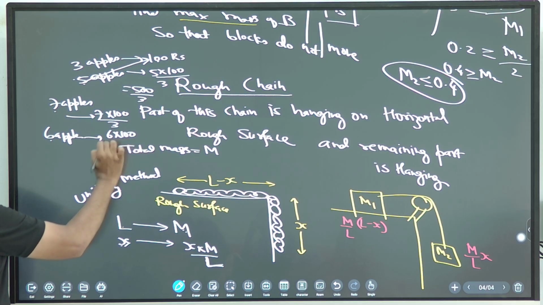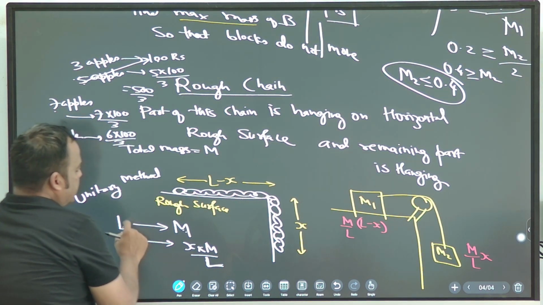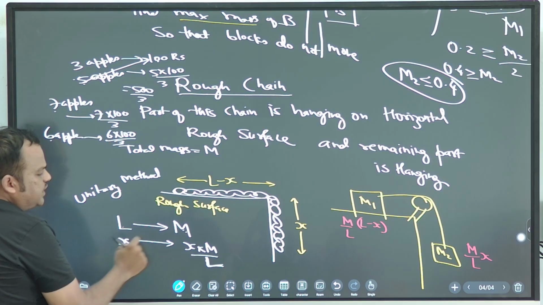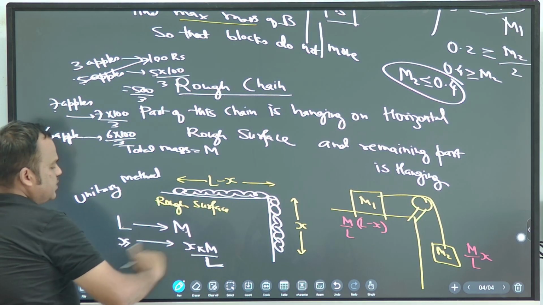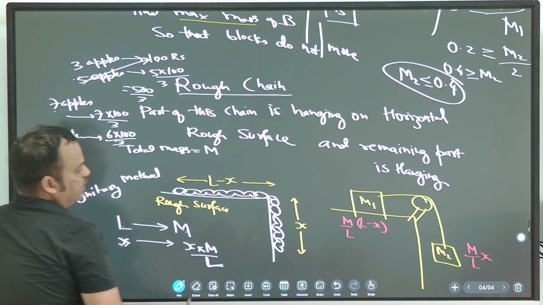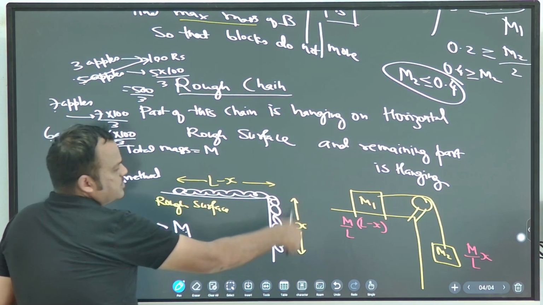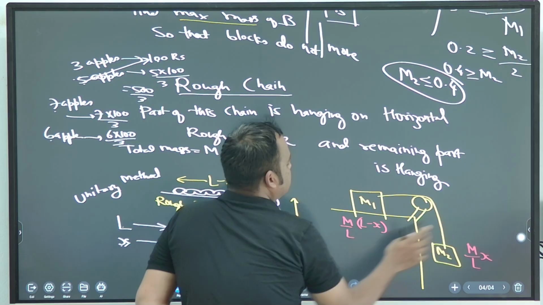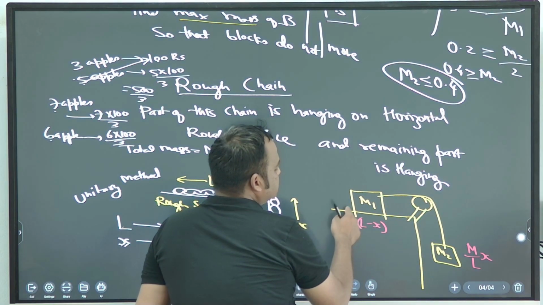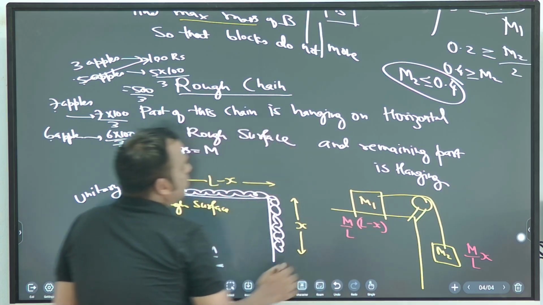So when length is L, mass is M. When length is X, what is the mass? XM by L. When length is L minus X, what is the mass? M by L into L minus X. So now substitute.